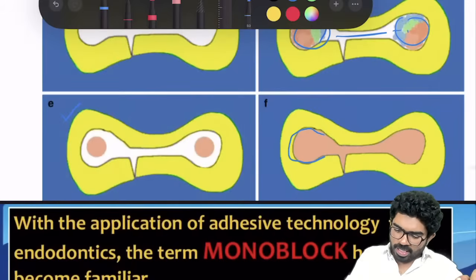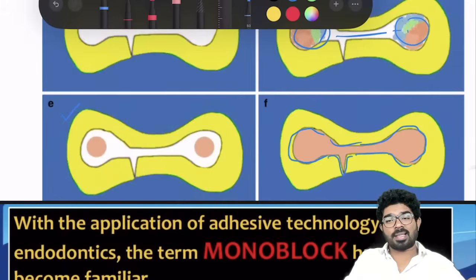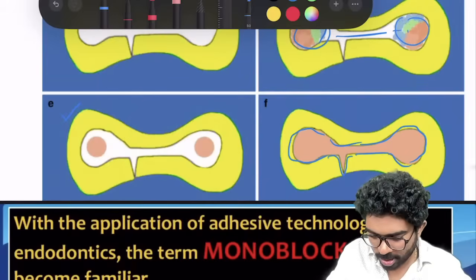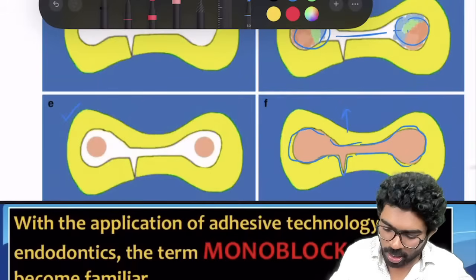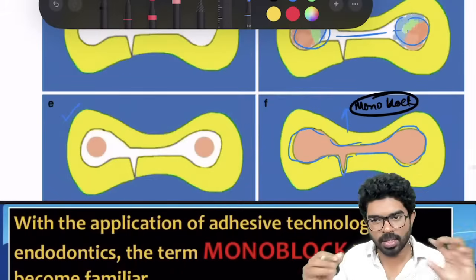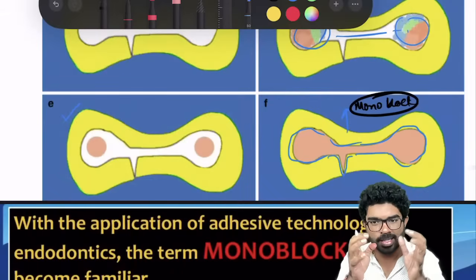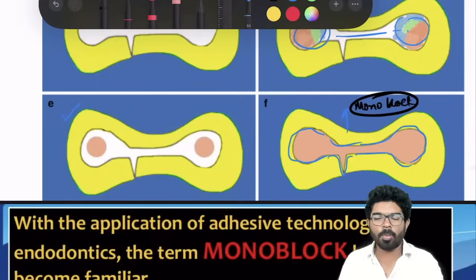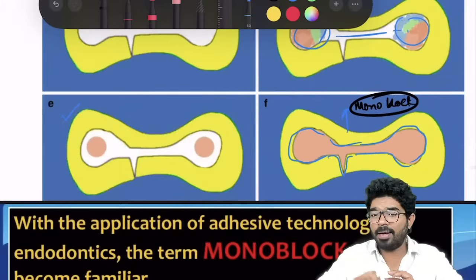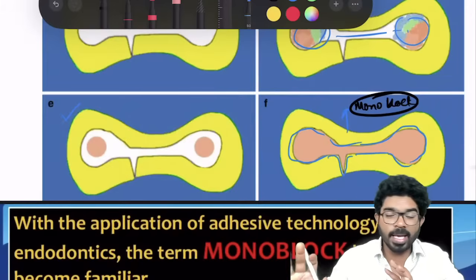Whenever a single block is formed, the success rate of the root canal therapy will be more. That concept is called the monoblock technique. Whatever you keep, all the blocks fuse and bond together to form a single block, and that is called a monoblock.